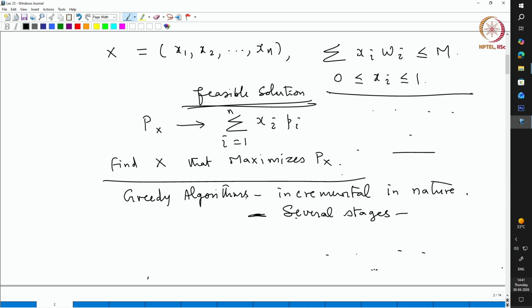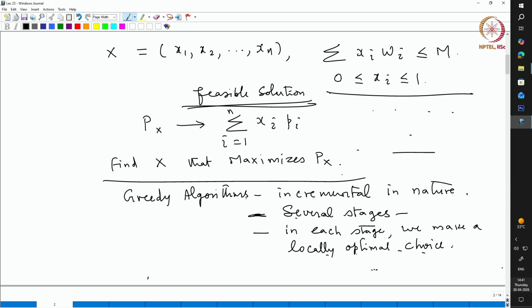Every greedy algorithm will be incremental by nature and it consists of several stages, and in each stage, okay, we make a locally optimal choice.